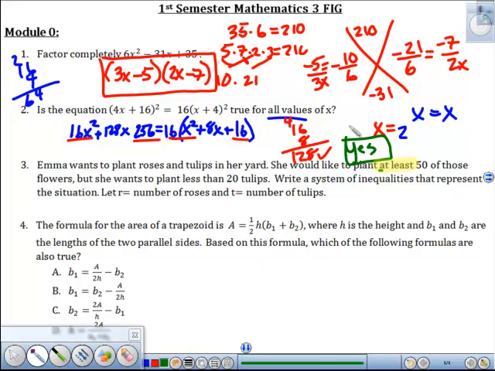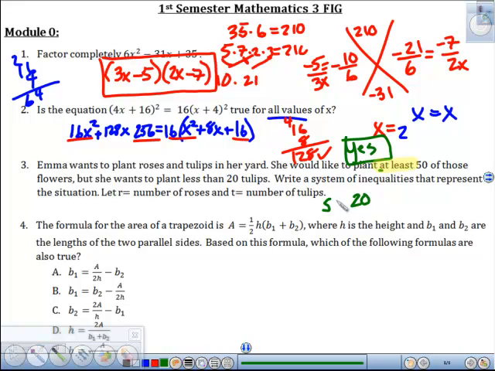So let's say that your parents said, all right, you're going out Christmas shopping, and you better spend at least $20 on myself, you know, or at least $20 on your dad or something like that. So if you have to spend at least $20, does that mean that you can spend $20 if they say at least $20?